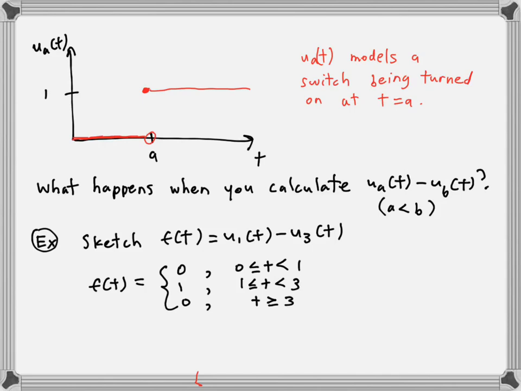So then, how would we sketch this? It's quite simple, right? If we have 1, 2, 3, and we keep going, and then this is 1, I'm going to use red actually.